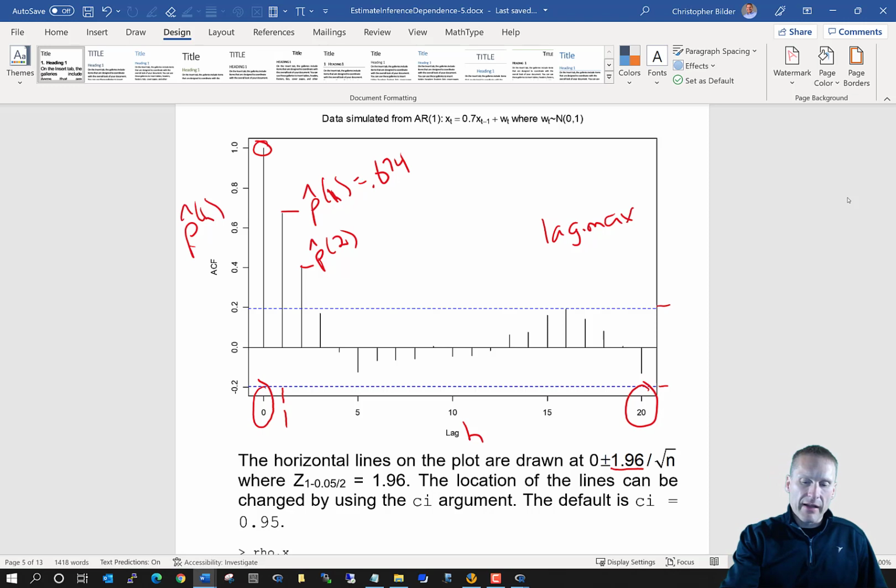So what we see here at lag 1 and lag 2, we do have sufficient evidence to indicate that. So we do have some dependence there for lag 1, lag 2. Of course, you have to ignore lag 0, it doesn't make sense to look at that particular value there.